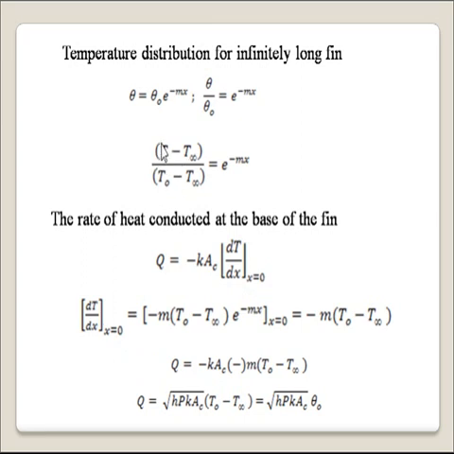Differentiating, we have e raised to minus mx as it is, into the derivative of minus mx, which is minus m, into the constant T naught minus T infinity, and x equal to 0. By simplification we have minus m times T naught minus T infinity.